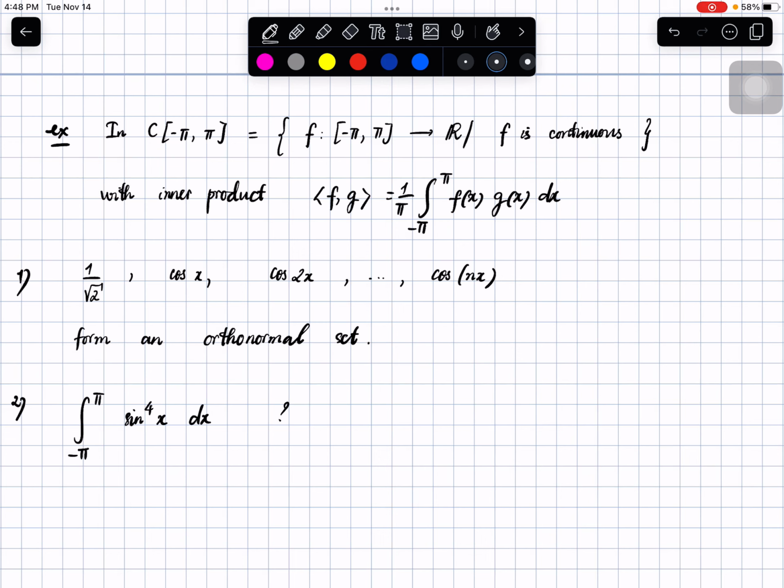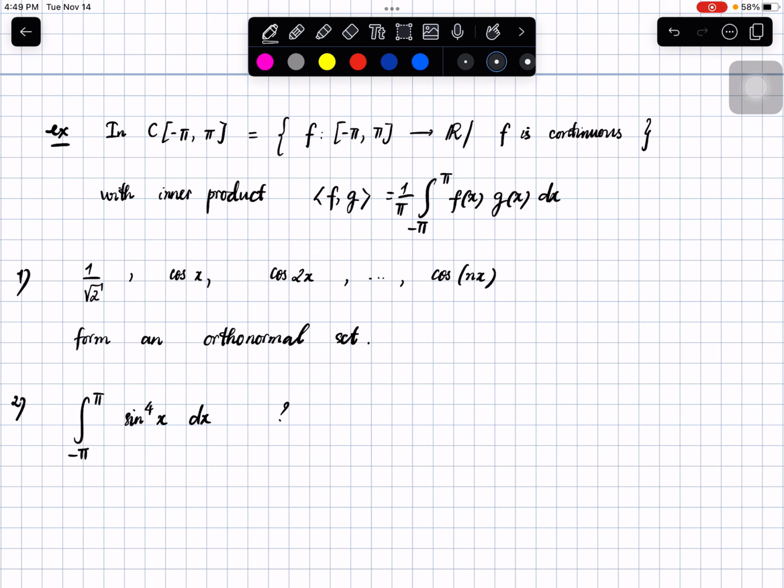In this example, we have the vector space C[-π, π], a vector space of all continuous functions with the domain [-π, π], with the inner product given by the formula (1/π) ∫ from -π to π of f(x)g(x) dx.